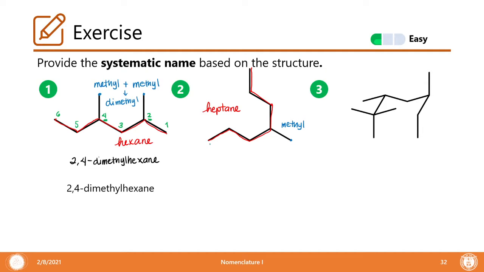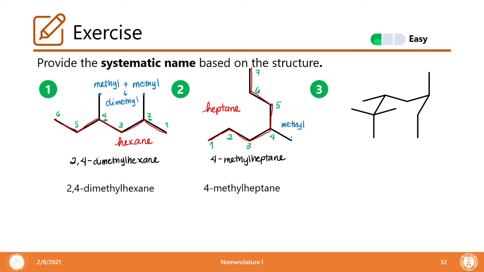So I'll start from here. 1, 2, 3, 4, 5, 6, and 7. So this will be 4. So at position 4, we have methyl, and we have heptane. 4-methyl heptane, let's confirm that. Yes, that's correct.